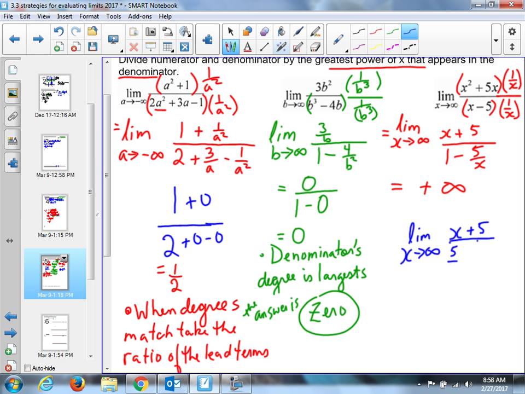So if I had a slightly different problem, what would the limit have been there? Well, let's think it through. Still would have been a billion plus 5, a billion plus whatever on the top. However, on the bottom, it would have been 0 minus 1. Now, a gazillion, a billion, or whatever, divided by negative 1 is negative, right? If it was a slightly different problem, it would have come out to be negative infinity, okay? So you do have to think these through. And there's no general shortcut that I can say for this.